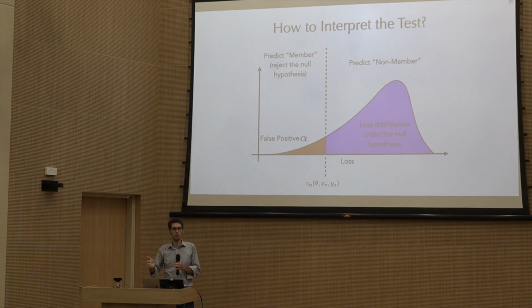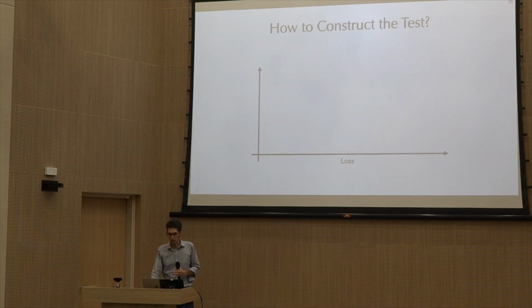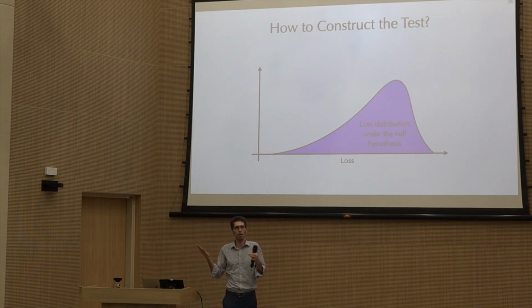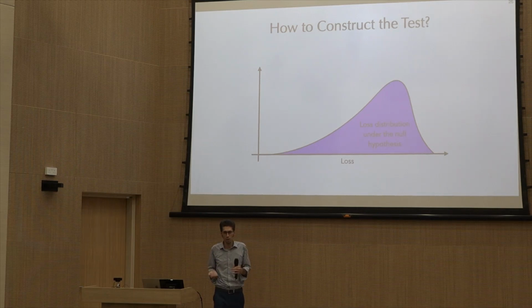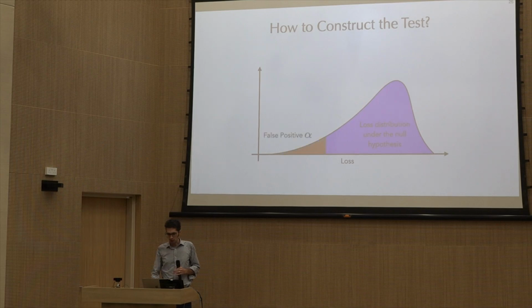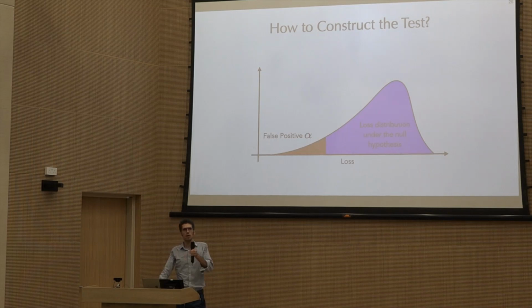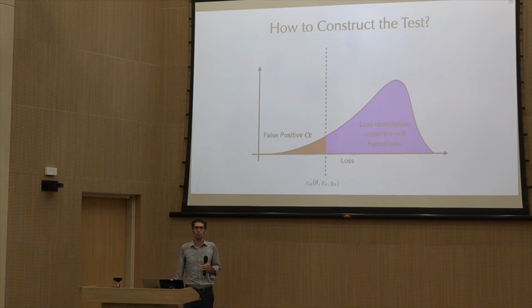We have to come up with a threshold. So I use exactly the same idea that I used for interpretation to construct the attack. First, let me go over a bunch of data points from the population and compute the loss distribution of the model on those data points. This I can do, right? And then I look at the alpha quantile of that distribution, because I want to tolerate alpha false positive error, and that will become my threshold.